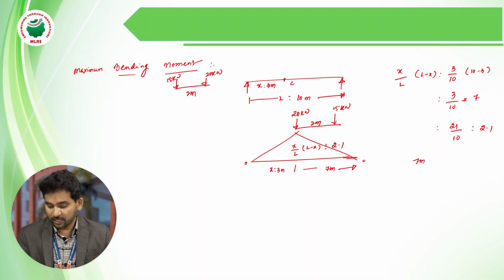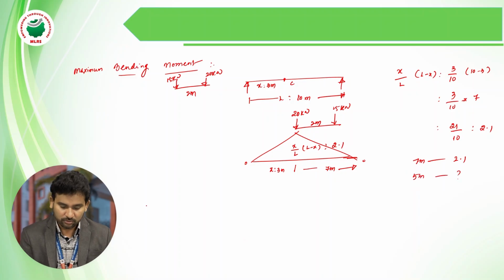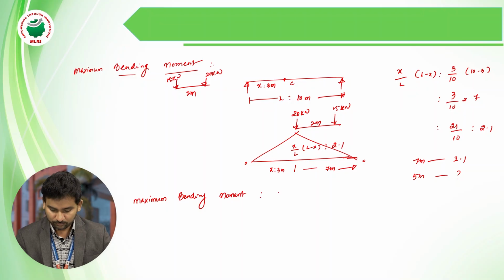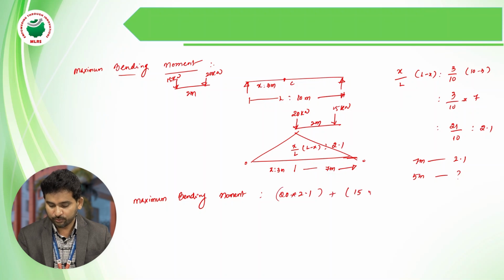For 7 meters, the ordinate is 2.1, minus 2, for 5 meters, what is the ordinate value? Very simple. So the final value, maximum bending moment, equals 20 into 2.1 plus 15 into the ordinate value, which will give the maximum bending moment.